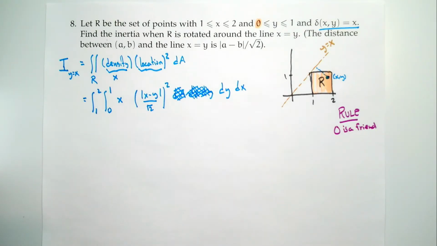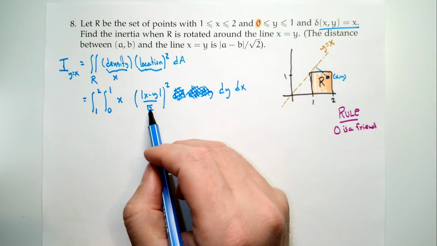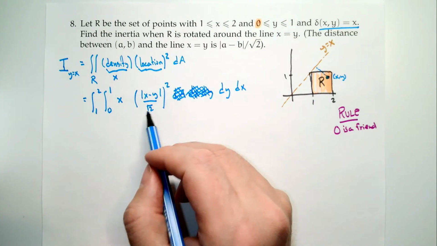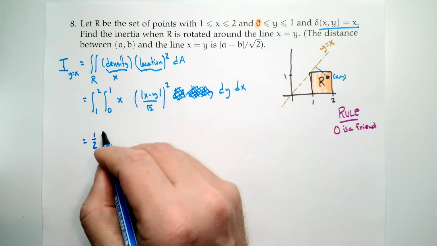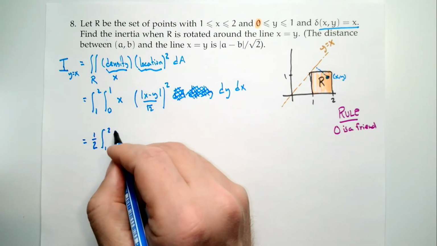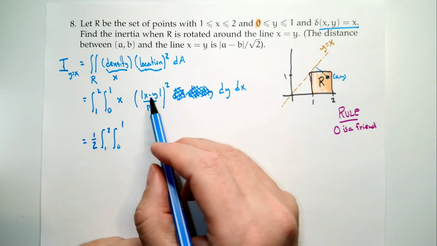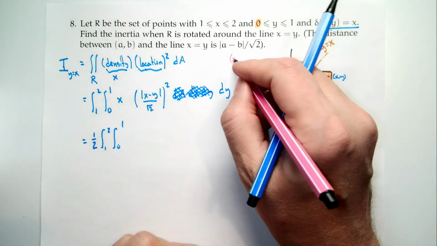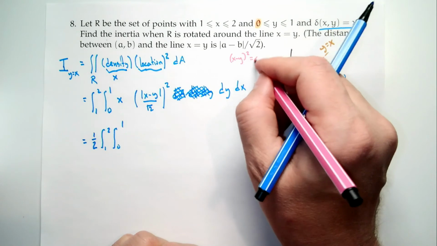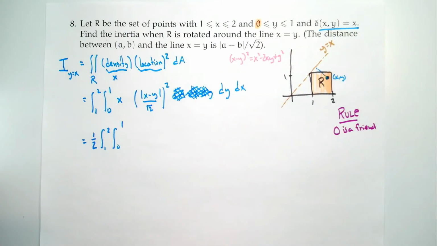Okay, so we're still going to be a while before we can integrate. The nice thing is if you square the square root of 2, that's going to be a half. And that's a constant. I can pull it out all the way in front. So a half, integral 1 to 2, integral 0 to 1. Now, x minus y quantity squared. Let's do a little bit of computation here to the side. So x minus y squared, that's x squared minus 2xy plus y squared.